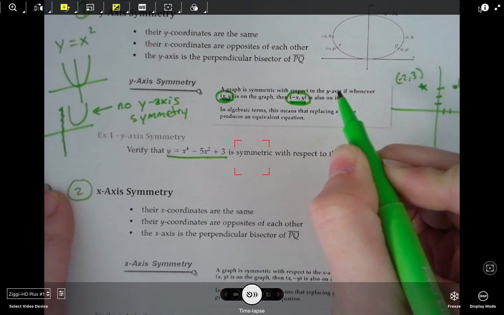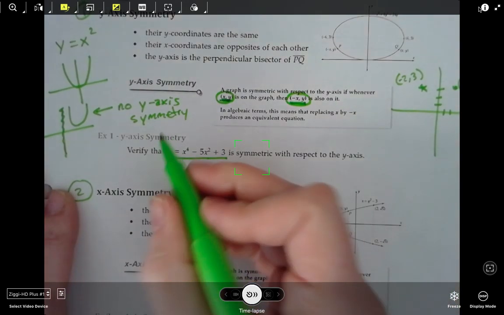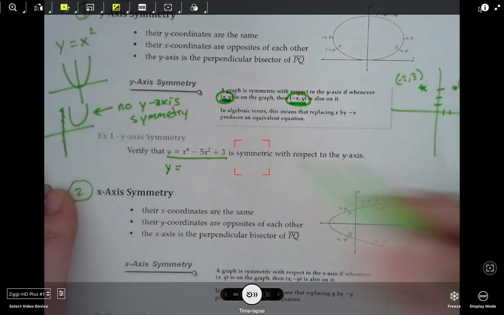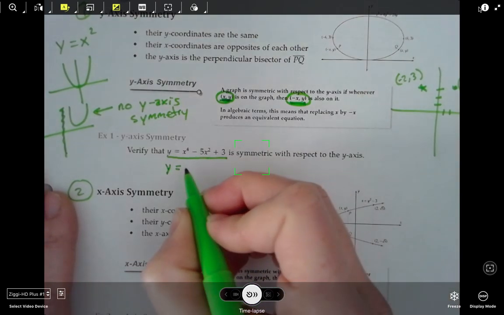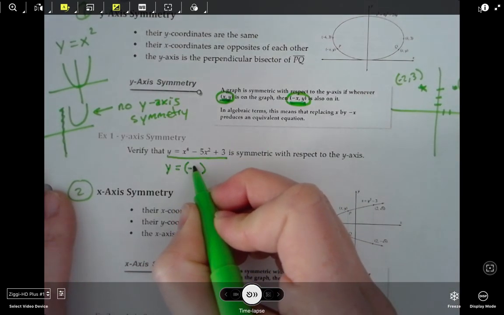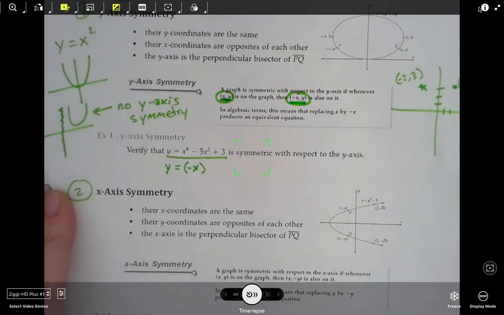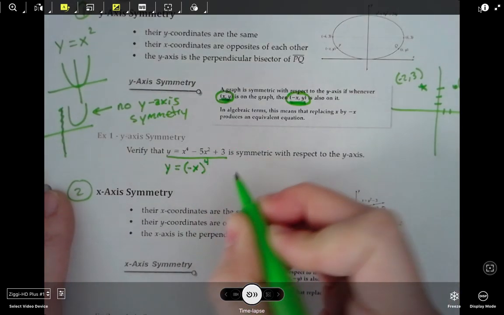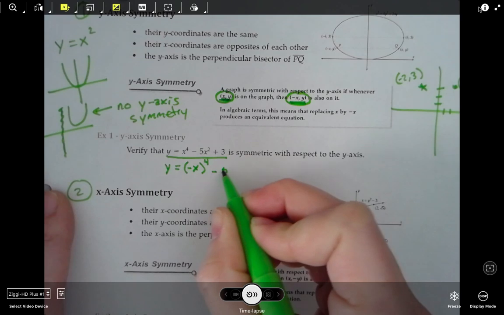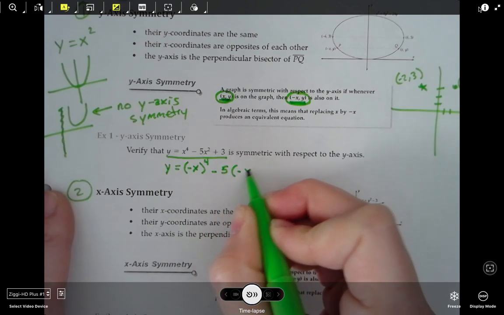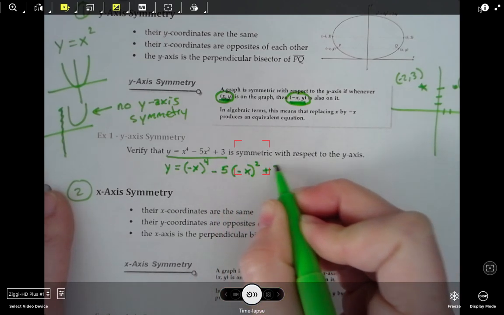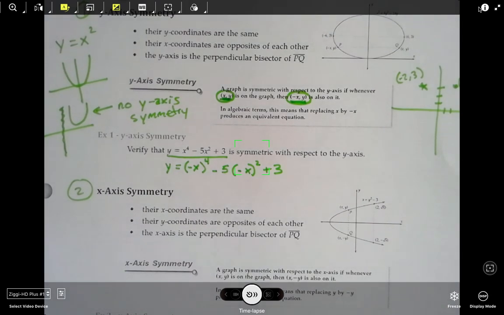The y coordinate is not going to change, so I'm going to leave it as just y. And every x in there, I'm going to replace with negative x. So that's going to be negative x to the 4th power minus 5 times negative x squared plus 3. When you plug them in, always put it in parentheses. Always in parentheses, otherwise you're going to be in big trouble.